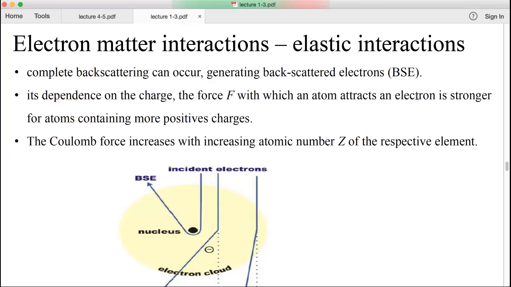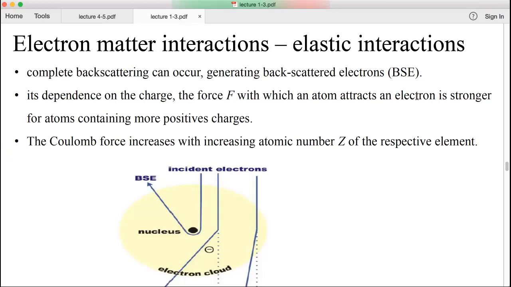And some elements have a higher atomic number, with a higher number of positrons in the nucleus. So their nucleus is larger because they need to contain all these charges inside. So they have a big nucleus. So the chance of getting a backscattered electron is higher if the atomic number is higher, because the nucleus is bigger. So the chance of an electron going close to the nucleus and getting backscattered is higher compared to a lower atomic number material.